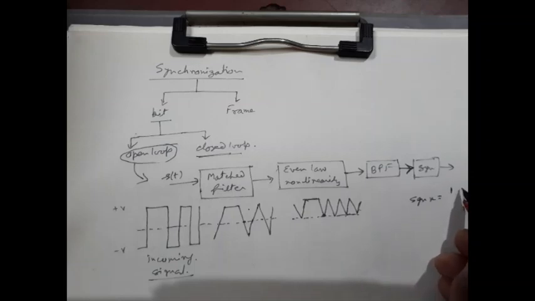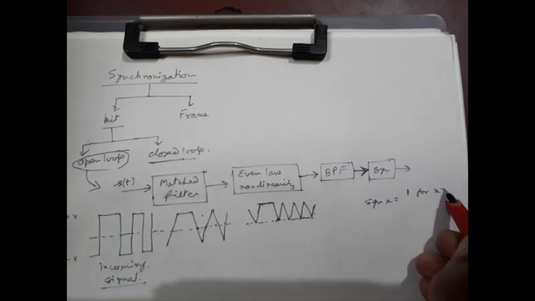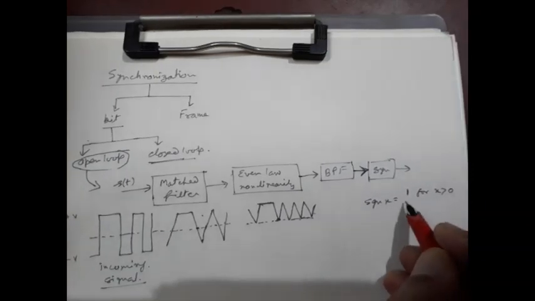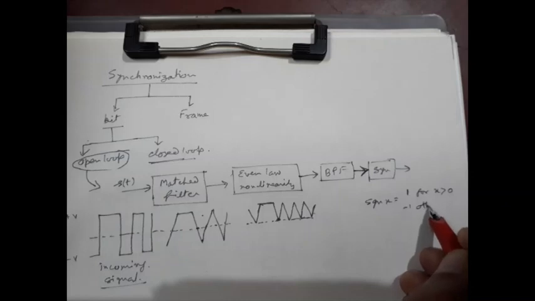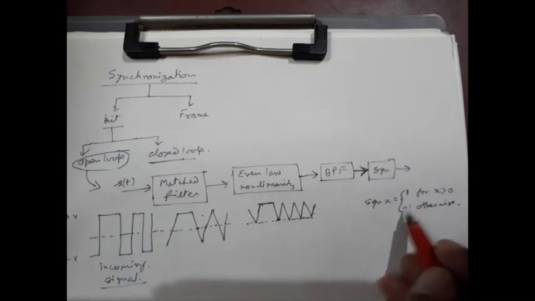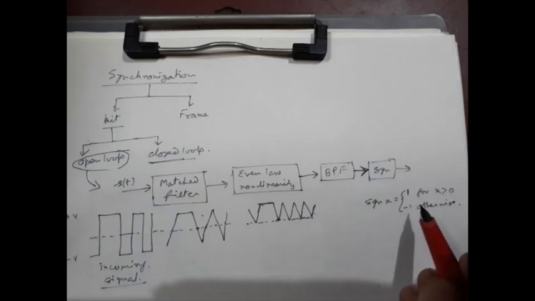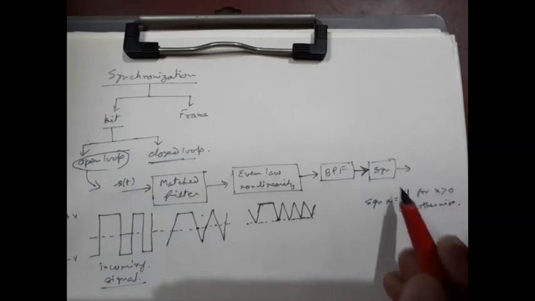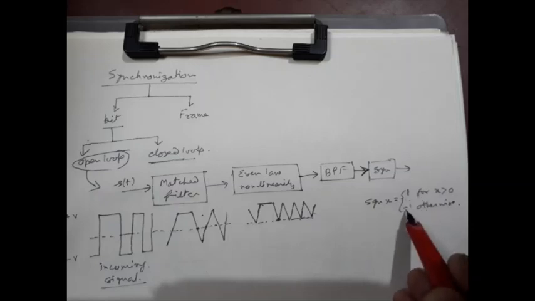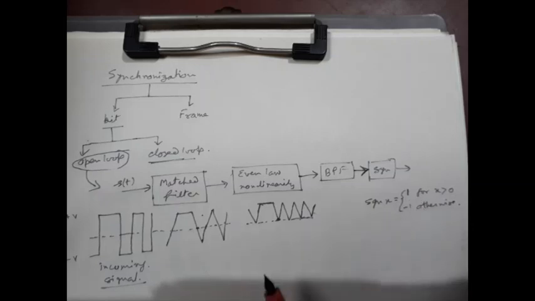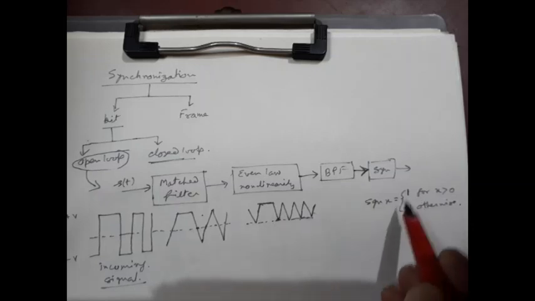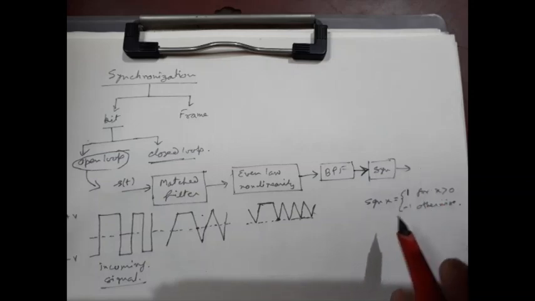It will be 1 for x greater than 0 and -1 otherwise, something like a comparator. It will compare with 0, and if it is higher then it will be 1, otherwise it will be -1. So it will give us the proper shape. So at the output we will get the rectangular clock.